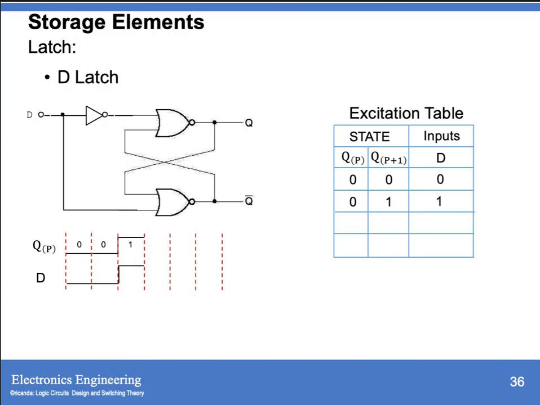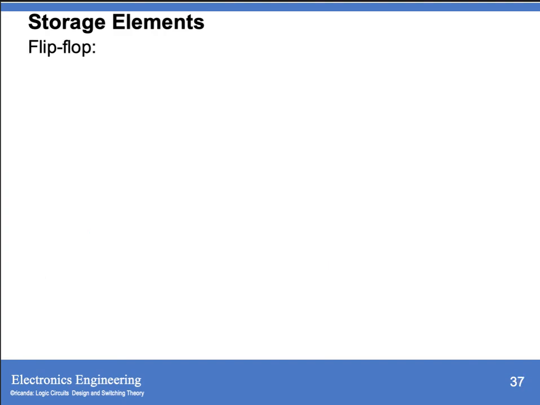Your D is also equals to 1. And if your previous output is 1, and your next output will be 0, your D is also 0. And if your previous output is 1, and the next output is 1, your D will remain as 1. This is the excitation table of your D latch.